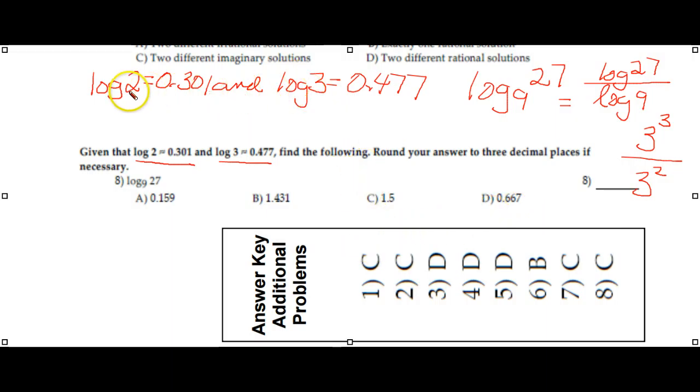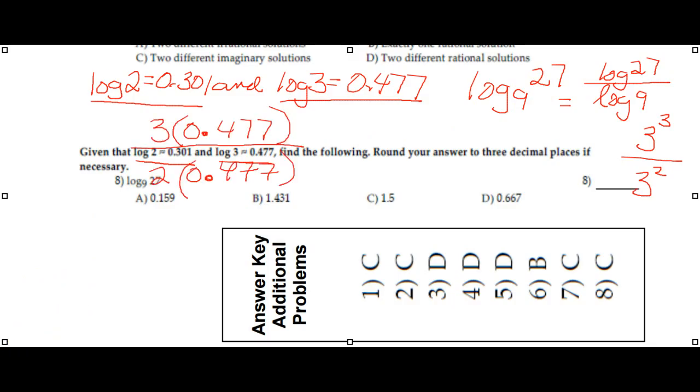And we have values for this and for this. So what would it look like to show the work to support your answer?